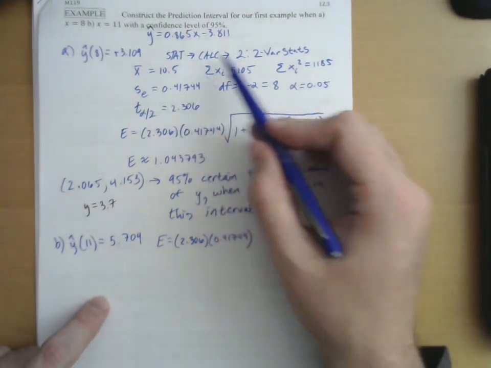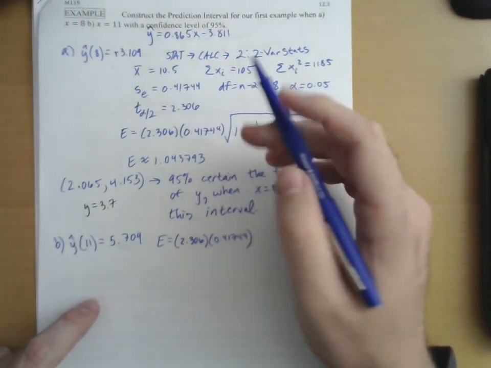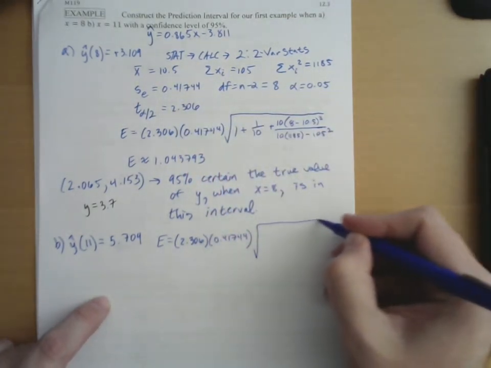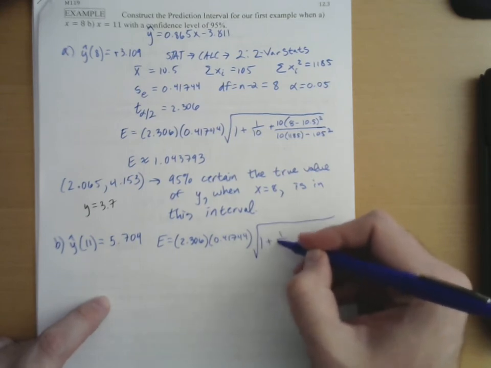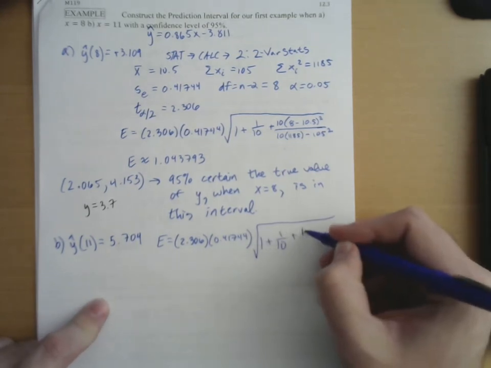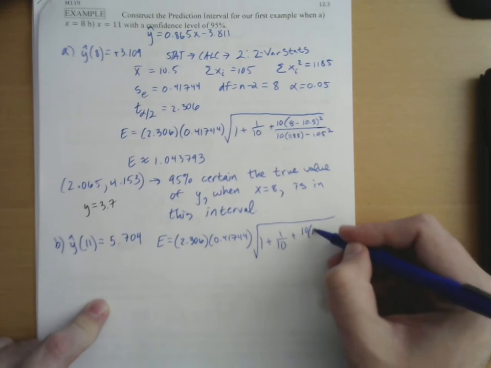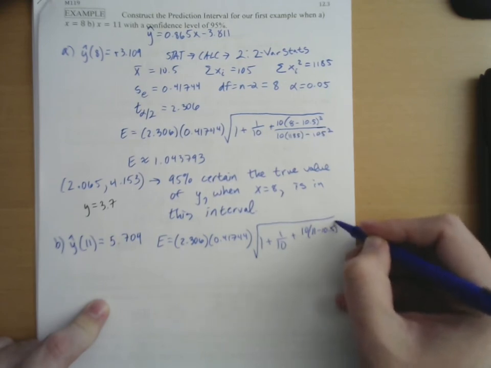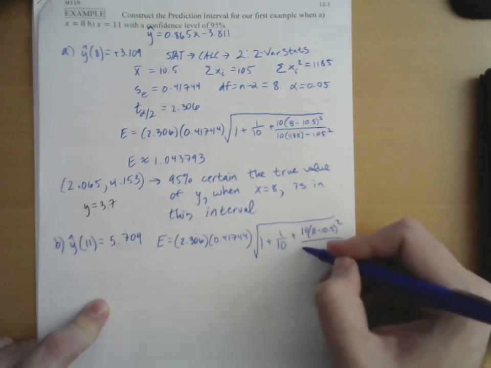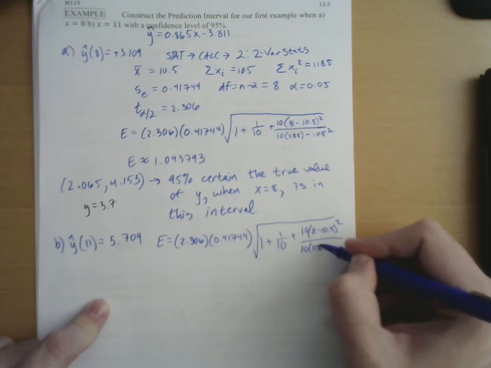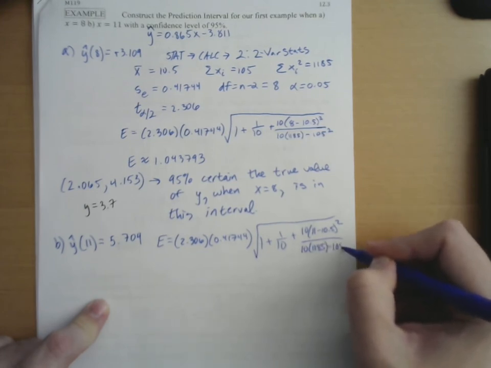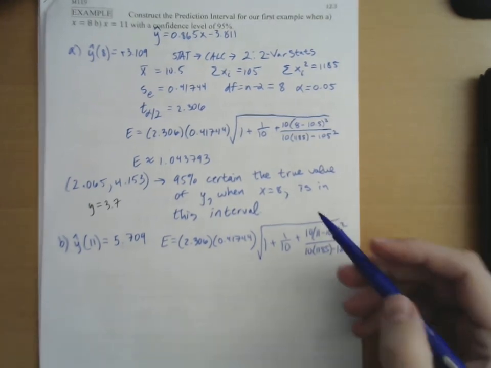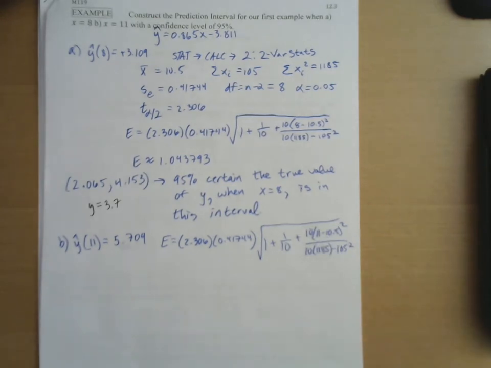And all of these things still stay the same, because it's the same data. The only thing that changes is inside the square root here. It's no longer 8 minus 10.5, it's 11 minus 10.5. And it's 10 times 1185 still, and minus 105 squared still. That's the only change, the 8 becomes an 11.